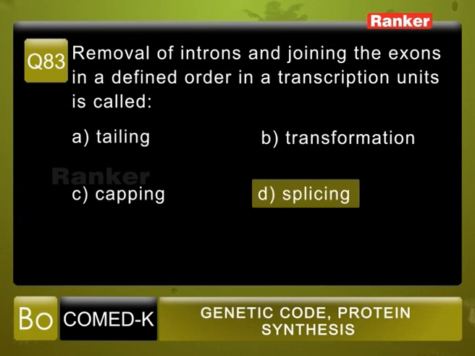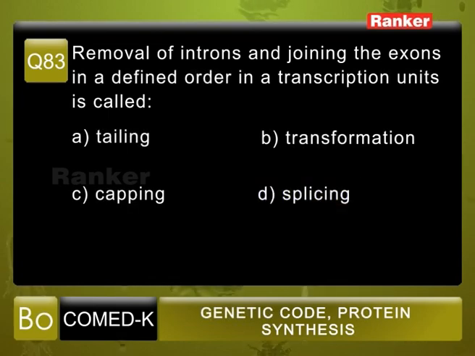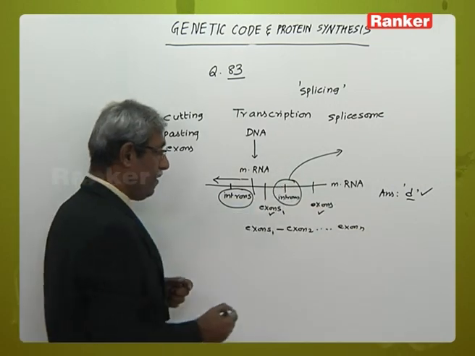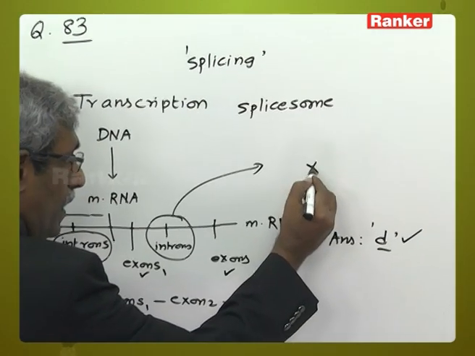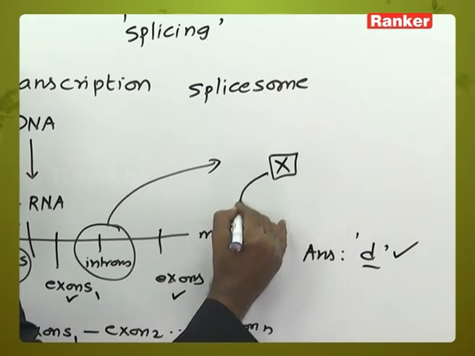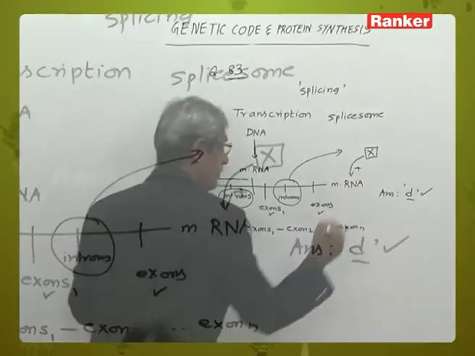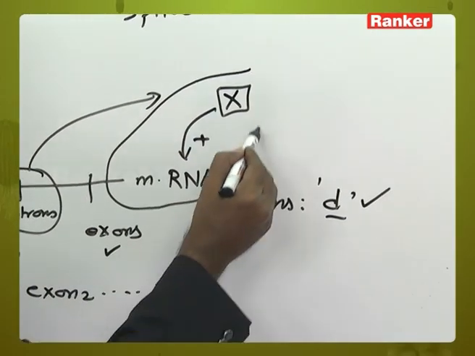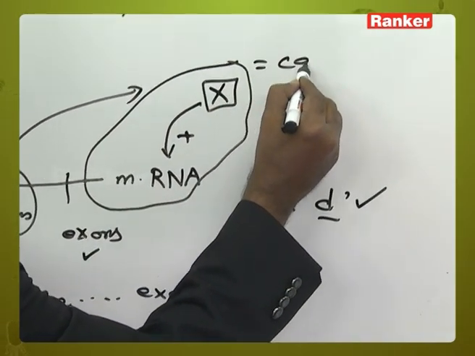Hence, the answer is D. Whereas, if something is added to the end of the mRNA, this process is called capping.